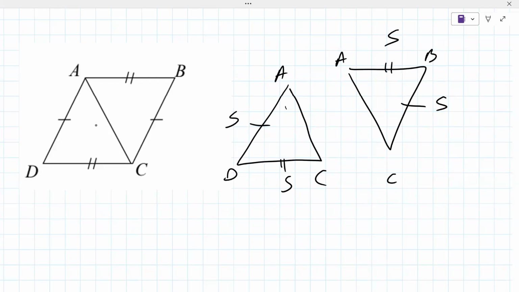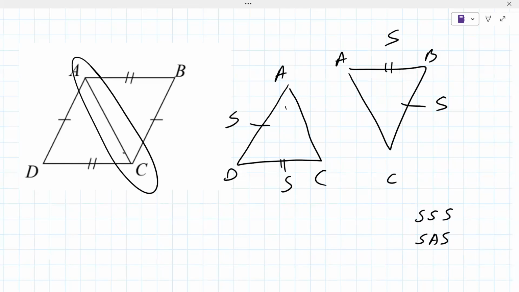That means it could be side, side, side, or it could be side, angle, side. What do you know about this other side? They look congruent, or I think it's shared. Yes, shared is always congruent. All right, so now see if you can give me the triangle letters here.